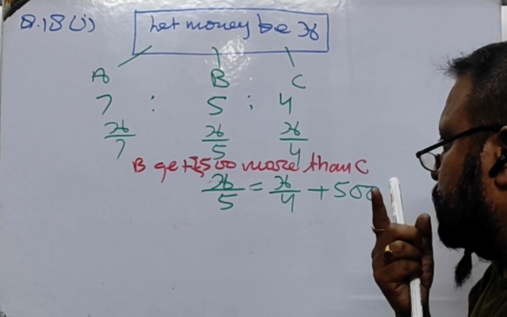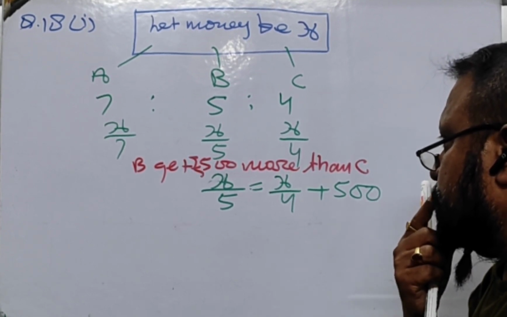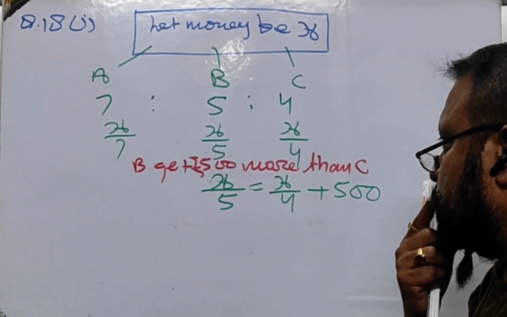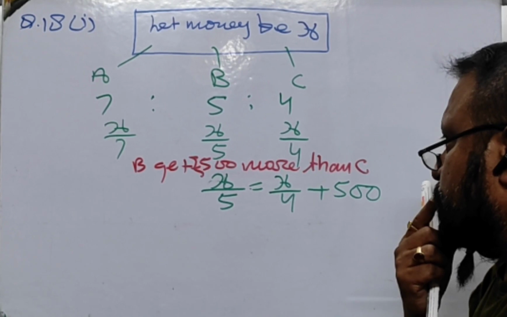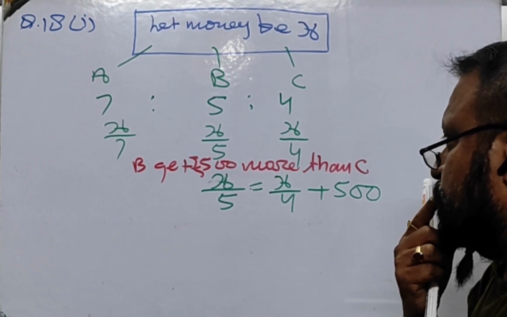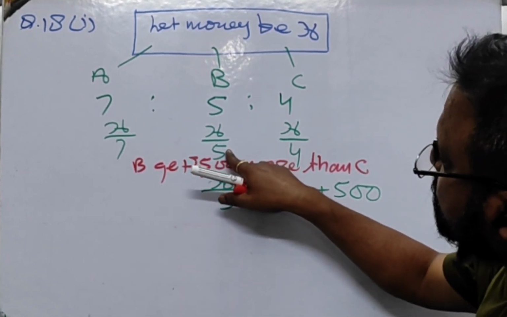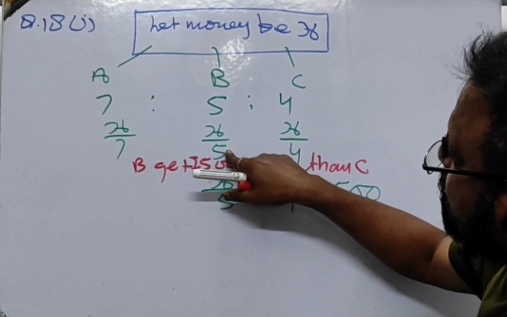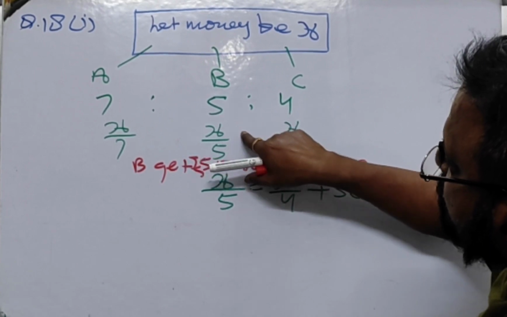Maybe in my thought process. The denominator I took: if the denominator is less, the value will be more, and if the denominator is greater, the value will be less.